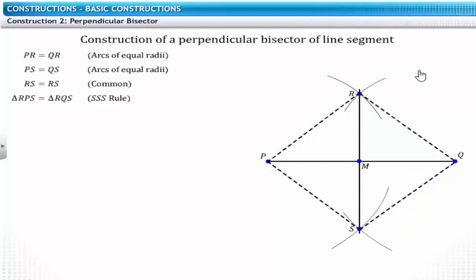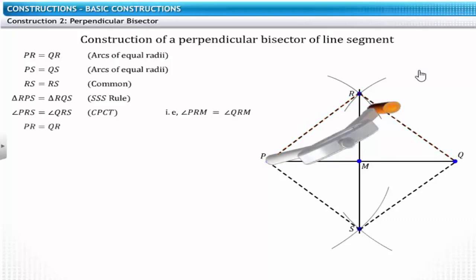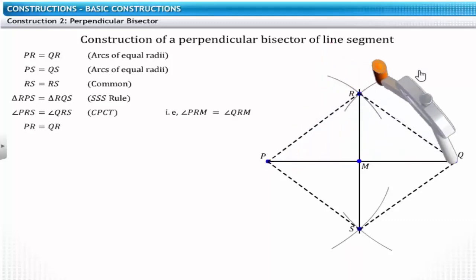By the CPCT rule, angle PRS is equal to angle QRS. Now, let's consider the other pair of triangles. Triangle RMP and triangle RMQ. Here, side PR is equal to side QR, as these are the radii of the same arc.